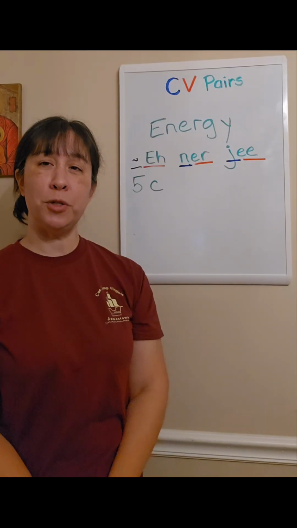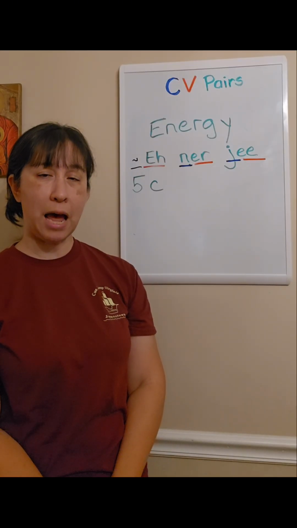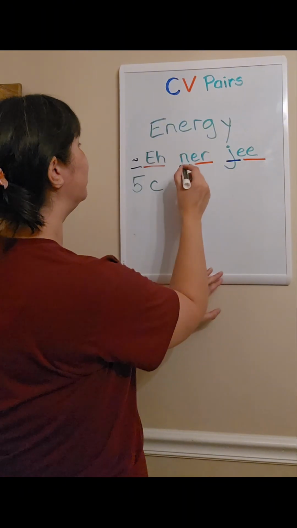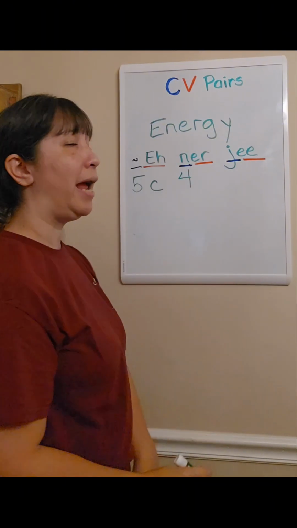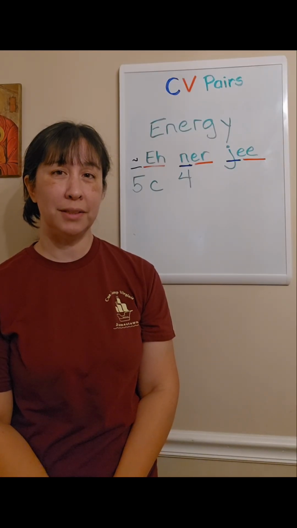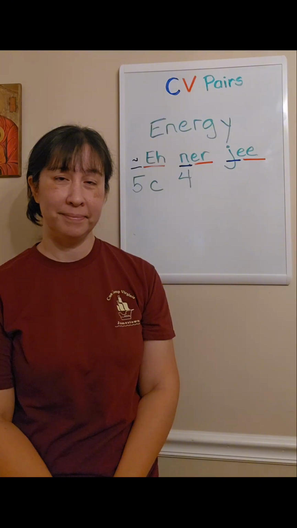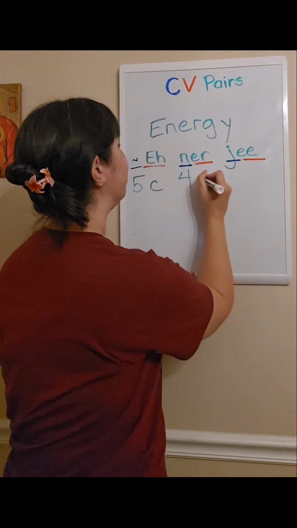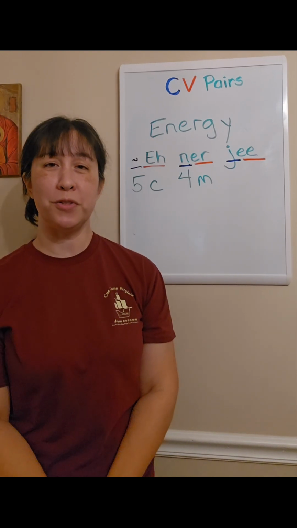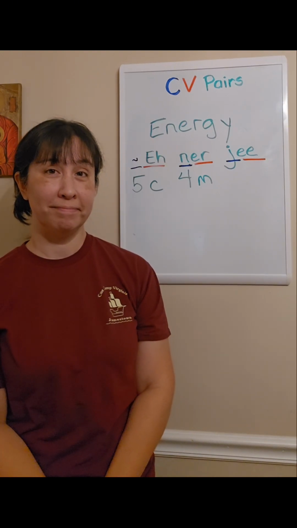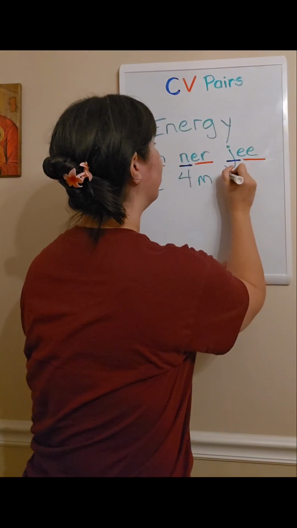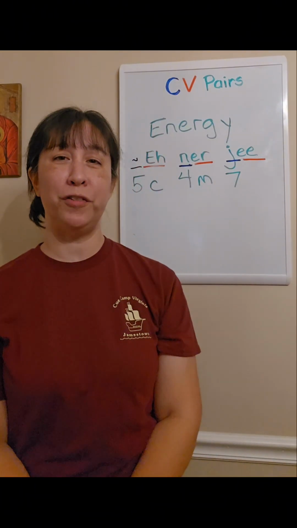For ner, what hand shape do we use for the N sound? Hand shape 4. So I'm going to write my 4. And where do we put that for the ER sound? At the mouth. Now finally, what hand shape do we use for the J sound? Hand shape 7. And where do we put it for the E sound?